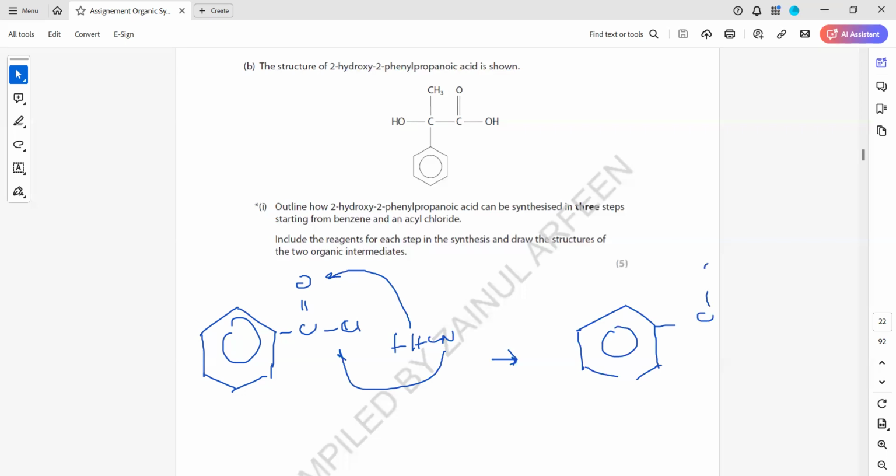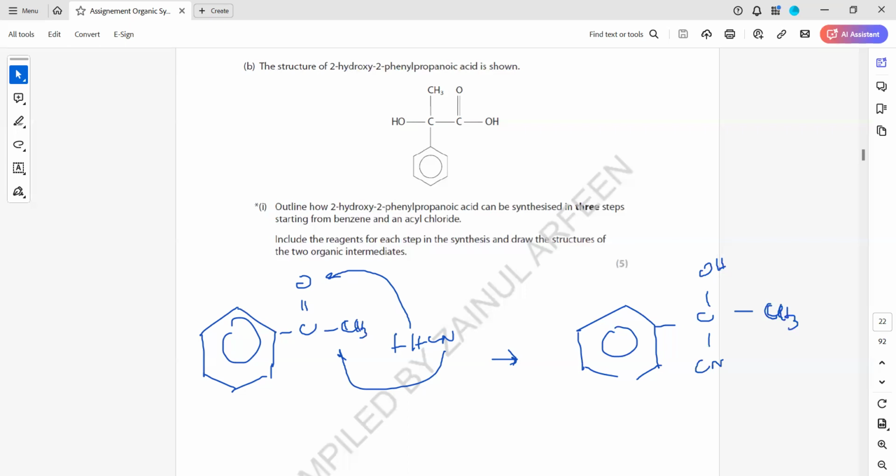So this will form OH and CN, not CA, this was CH3, sorry, CH3. Because it was already there, so H and CN. So we use a mixture of potassium cyanide and hydrogen cyanide in sulfuric acid, and then an alkaline solution is added, like sodium hydroxide.